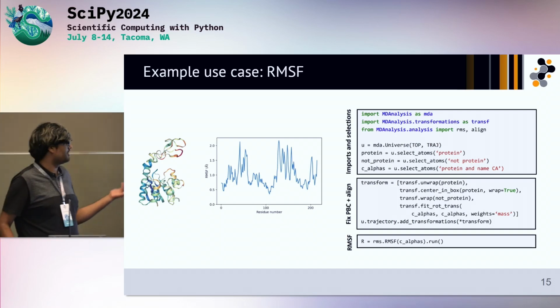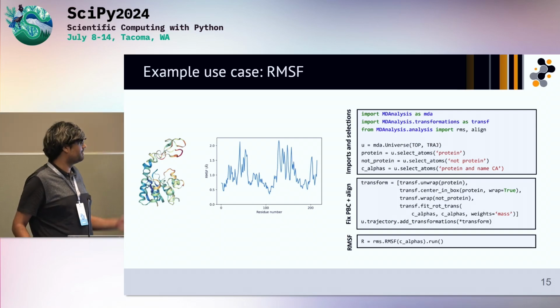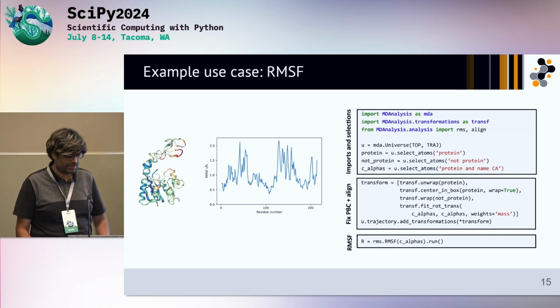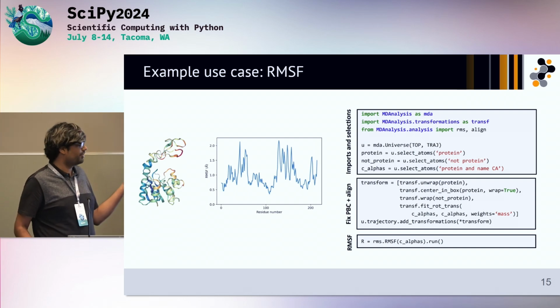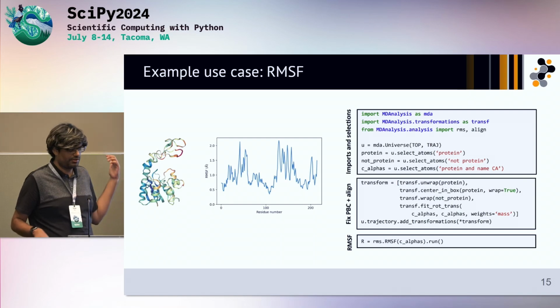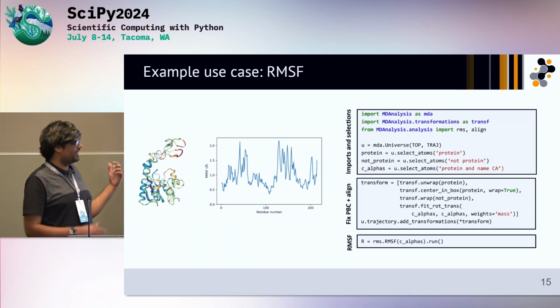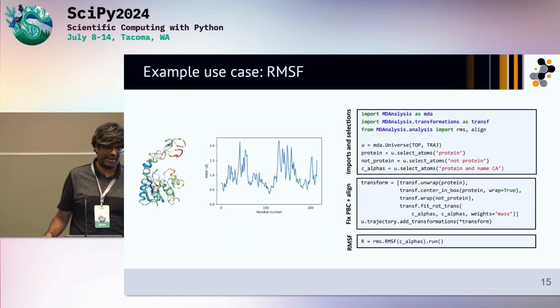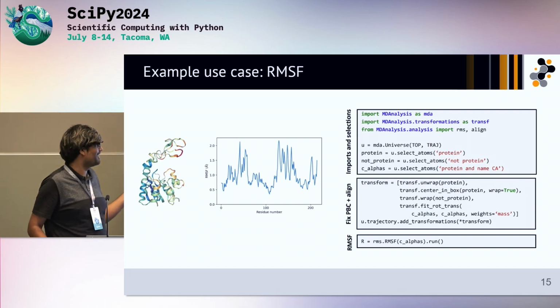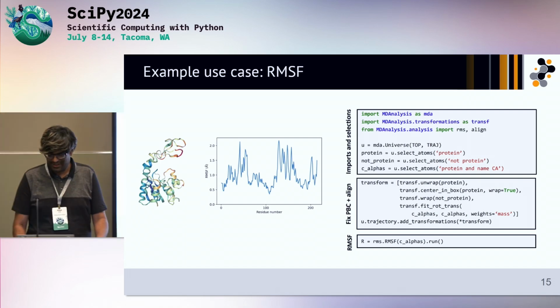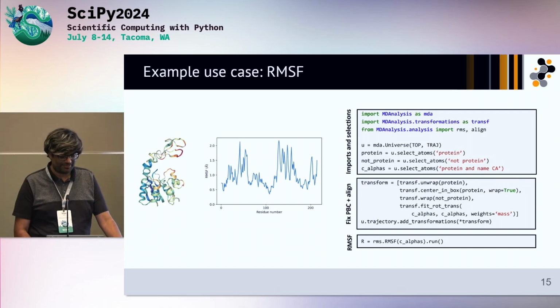So we have a matplotlib-generated plot of the RMSF of each alpha carbon along each residue. Then I've put that data onto the leftmost representation of the protein, to show that areas that are blue don't move a lot, and areas that are red move a lot. It's as simple as that.